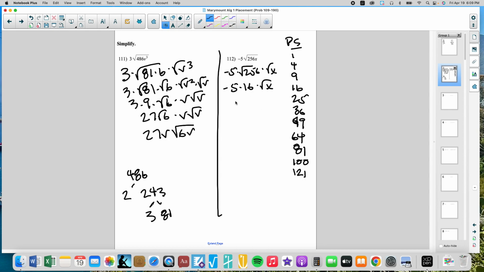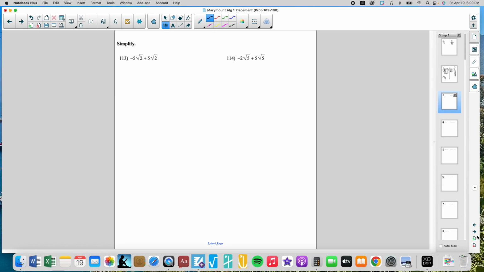So negative 5 times 16 is negative 80. So negative 80 rad x would be my answer. I guess I should have the answer key here just to make sure that I'm giving you correct answers. Negative 80 rad x, yep, good. Okay, let's move on to the next page.